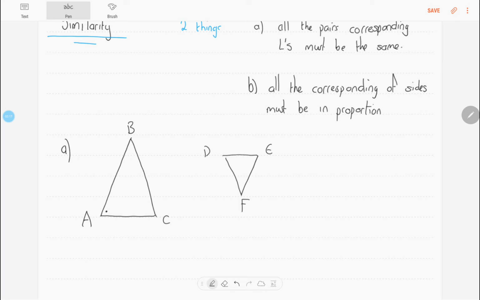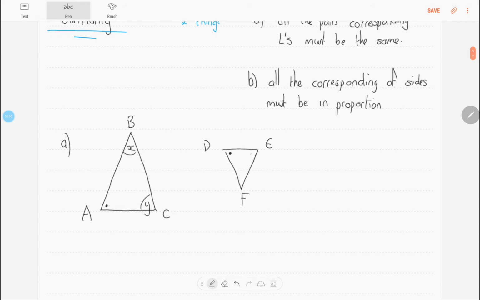Similar just means that the angles must be the same and the sides are in proportion to one another. So let's go for the angles, using these symbols to demarcate the angles. We have angle D is that one, X and Y. Let's say this is how we've set up our triangles.